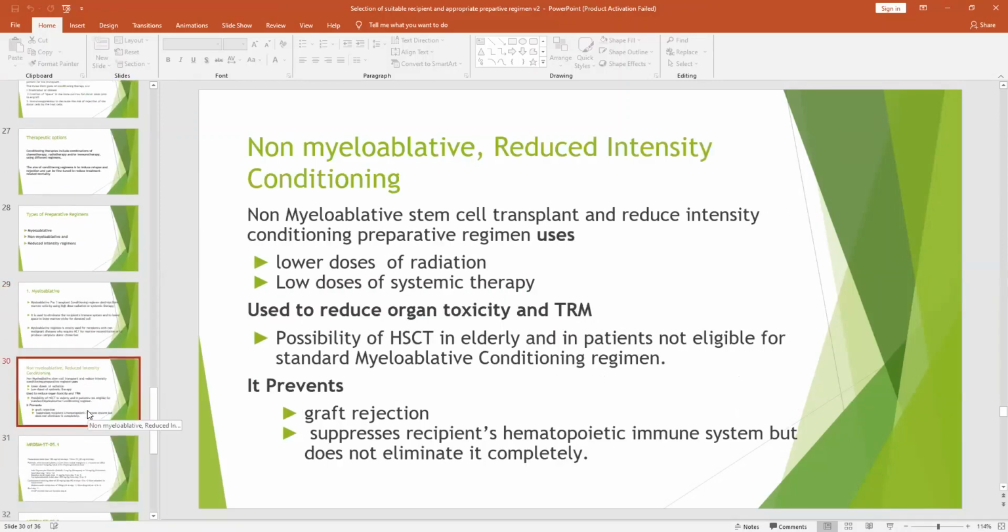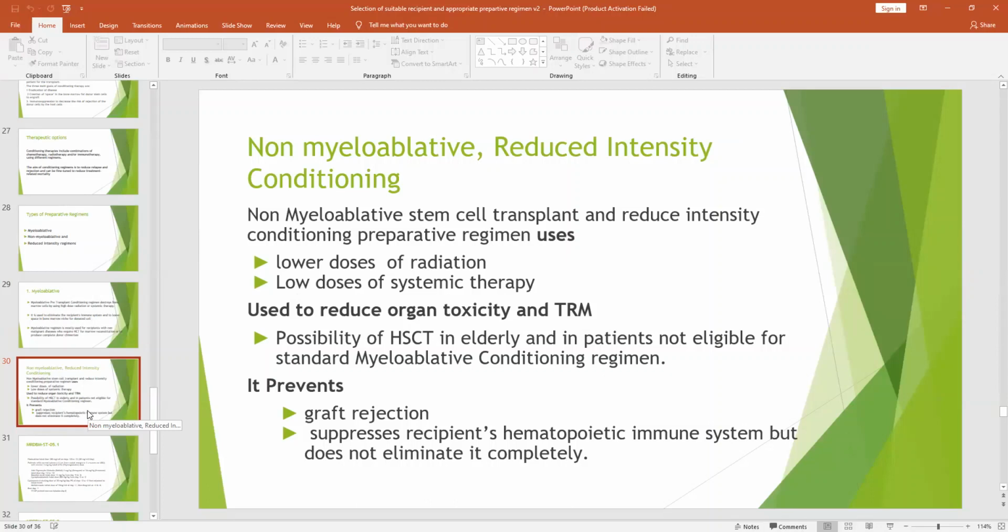While non-myeloablative stem cell transplant and reduced intensity conditioning preparative regimens use lower doses of radiation, lower doses of systemic therapy, and are used to reduce organ toxicity and transplant-related mortality.